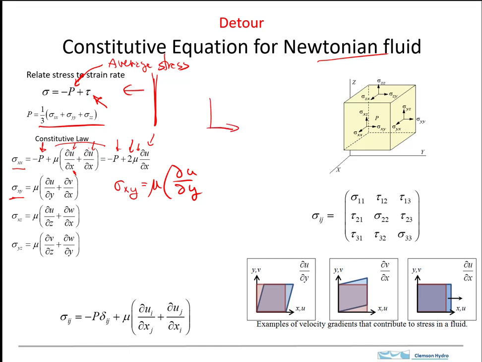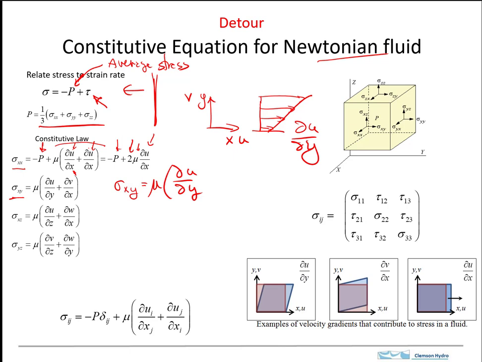If we have a coordinate system like that, there's x and y, u is in that direction, and v is in that direction. So if we have a velocity that goes like this, this is u going in that direction, and du dy is how that velocity changes in the y direction. So it would be like that slope.